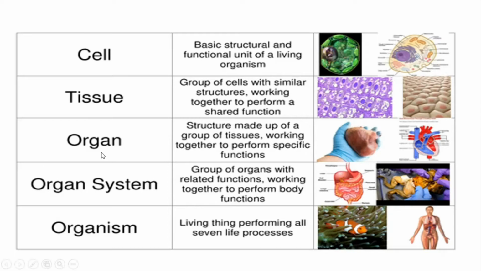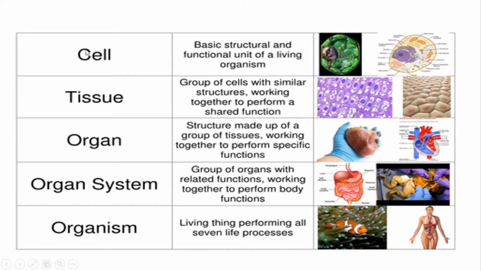And an organ is made up of similar tissues. And an organ system is a group of organs with related functions that work together. And an organism is a living thing, which is made up of different organ systems.